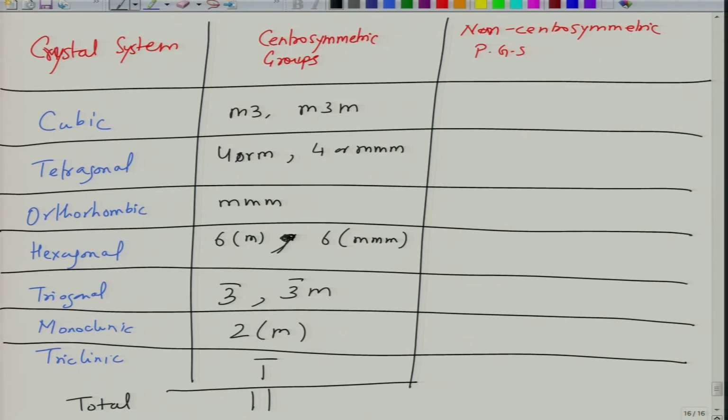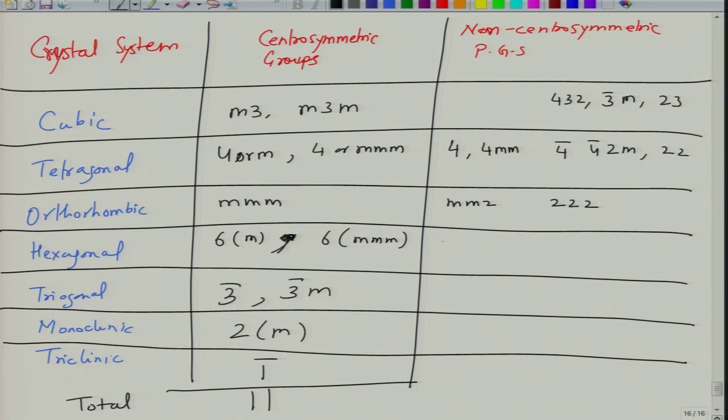In the non-centrosymmetric point groups, we have cubic: 4 3 2, bar 4 3 m, 2 3. Then we have 4, 4mm, bar 4 2m and 4 2 2. In the orthorhombic we have mm2 and 2 2 2.